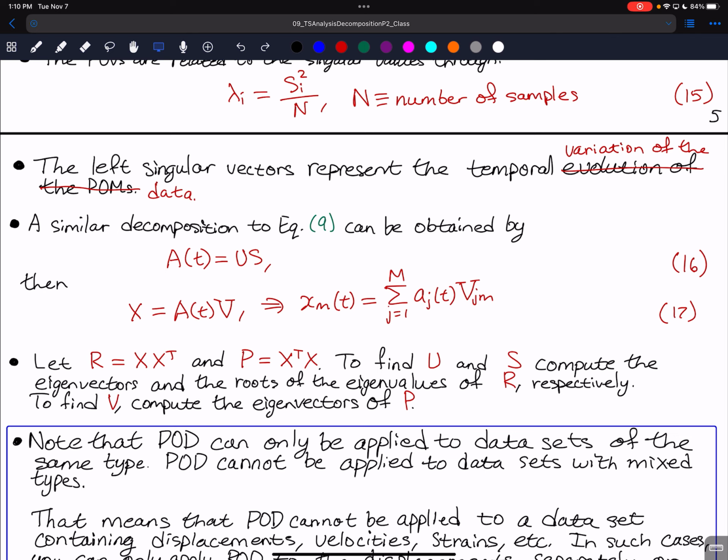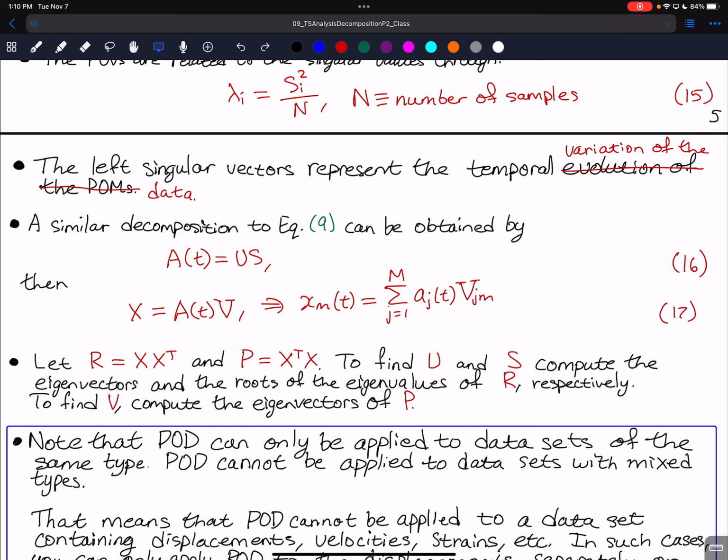And that a of t for a particular POM will only have a single frequency in it if the POMs are exactly the mode shapes, which is only true when the mass matrix is equivalent to an identity matrix. That's likely never going to be true for any kind of application of this, other than some simple academic system where you get to choose the mass matrix, or someone gives you a mass matrix that is already proportional to an identity.